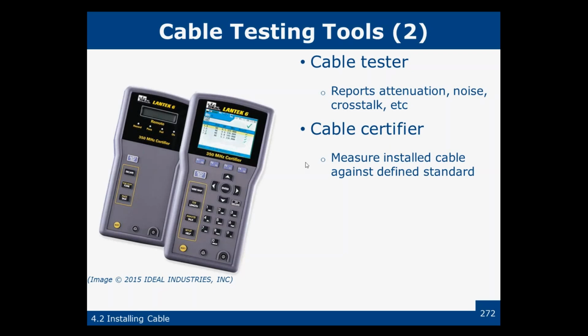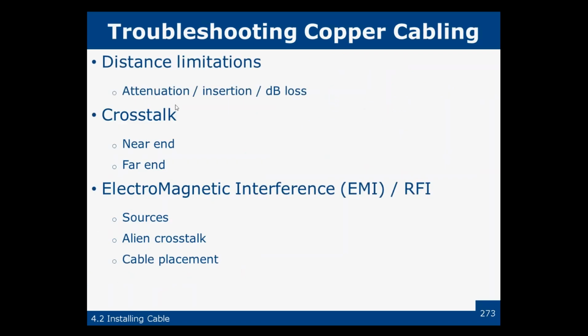So we have these things. The distance limitations, troubleshooting these distance, we do have distance limitations. We've talked about attenuation earlier. Attenuation, if you recall, is when the signal strength goes down as the distance increases down the cable.